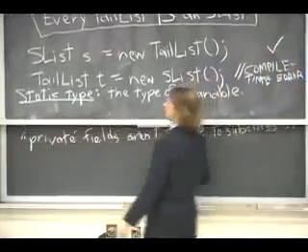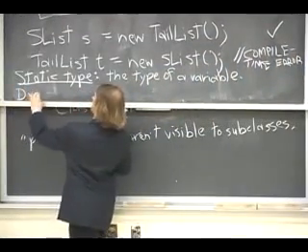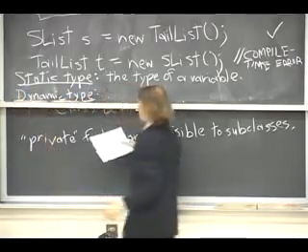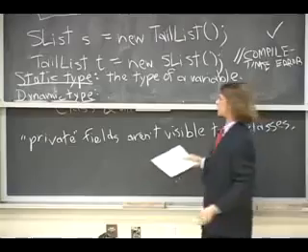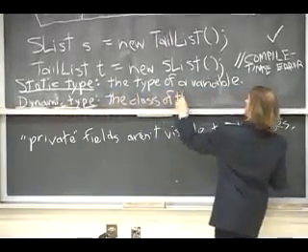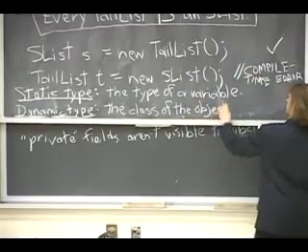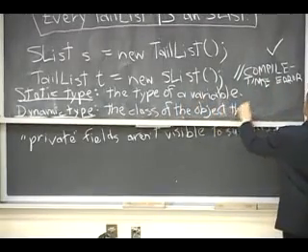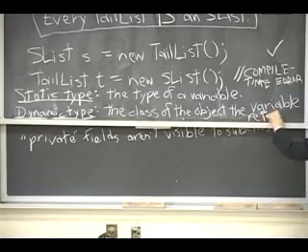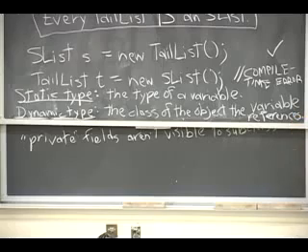But the dynamic type of a variable is the class of the object that the variable references. And as that suggests, the dynamic type can change dynamically every time you do an assignment in your program.